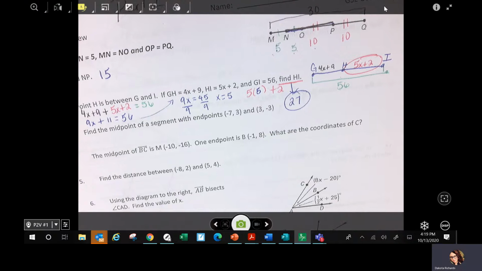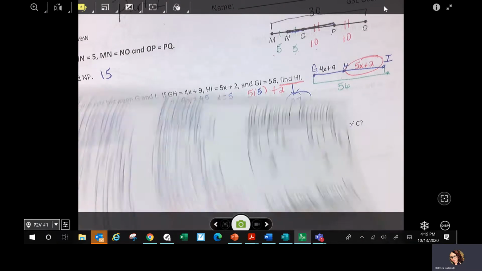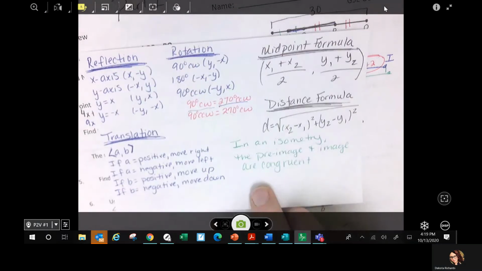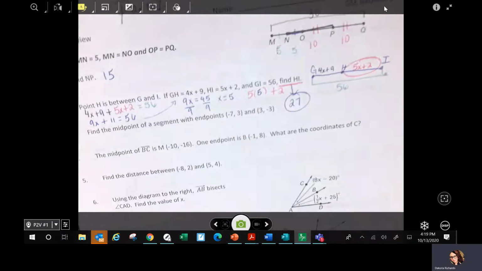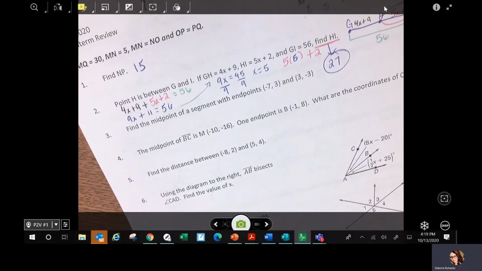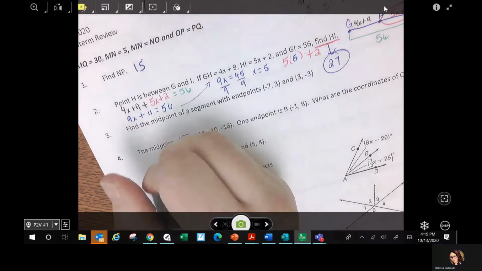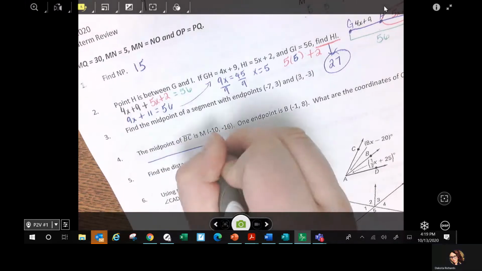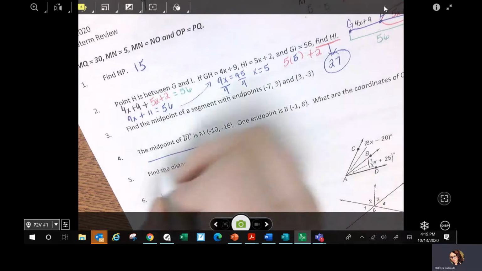For number 3, you are using the midpoint formula. For number 4, this was one of those questions where you had to make your own segment and you just had to count based on the information it gave you.